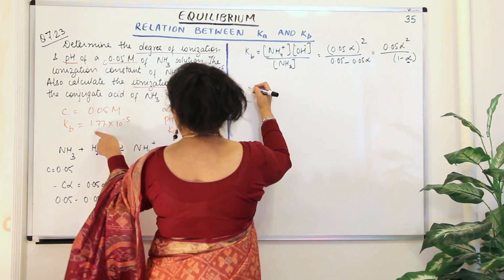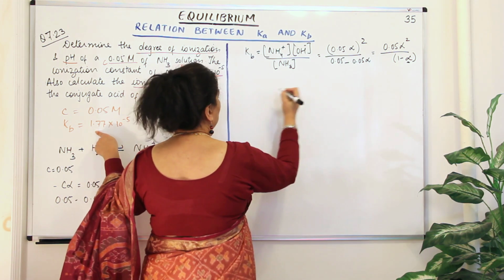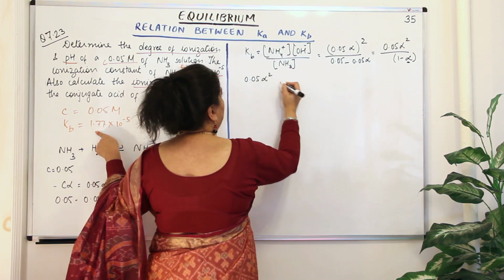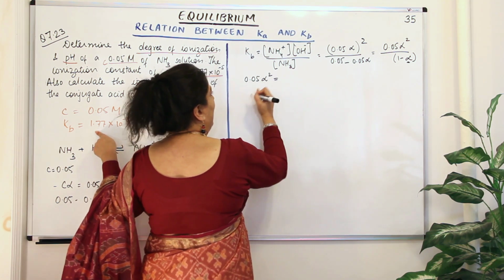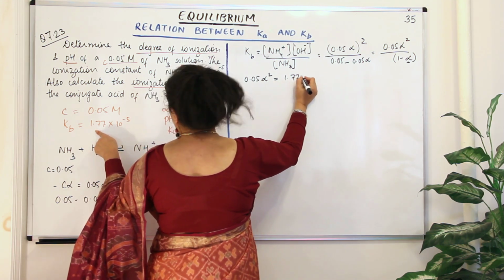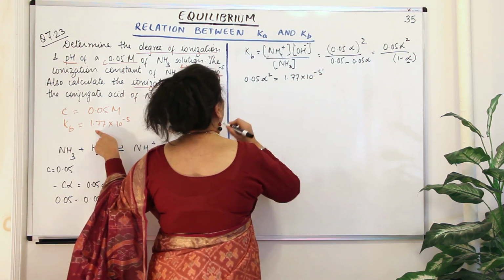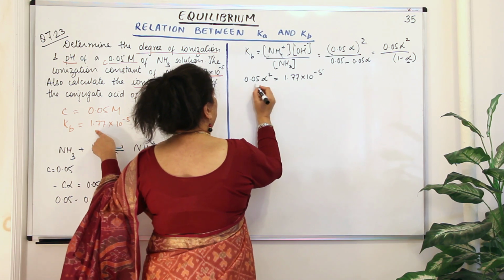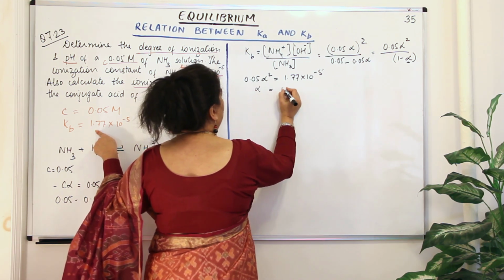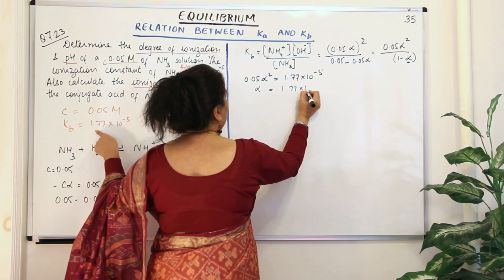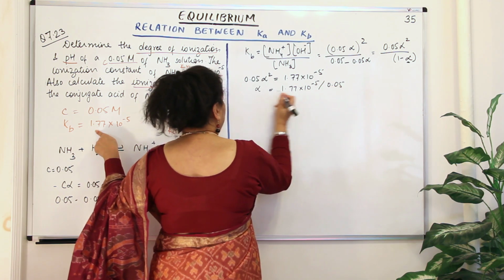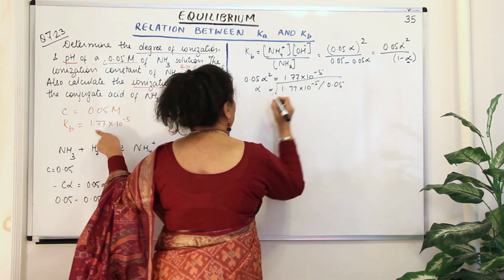And now let us put the value of Kb. So this becomes 0.05 alpha square upon 1, because alpha we can ignore, is equal to 1.77 into 10 to the power minus 5. Therefore, to find the value of alpha, alpha square would be 1.77 into 10 to the power minus 5 divided by 0.05, and alpha would be the square root of this value.